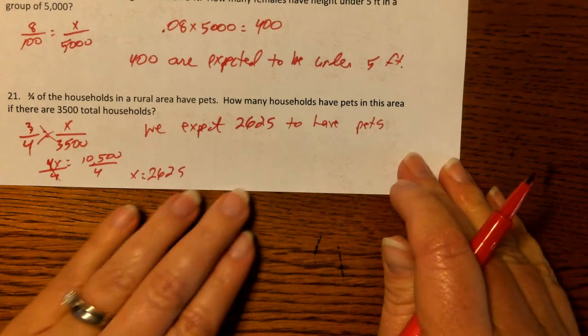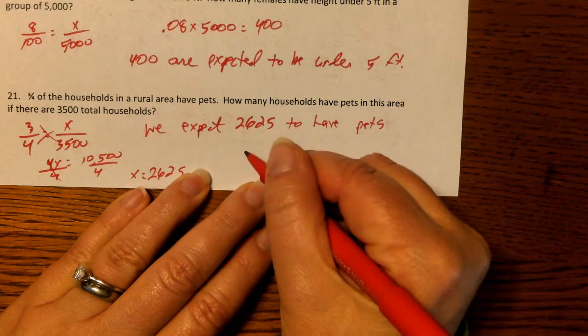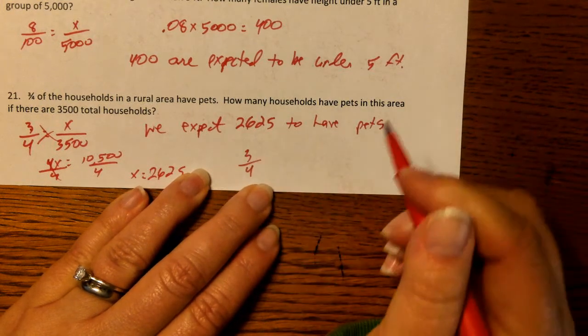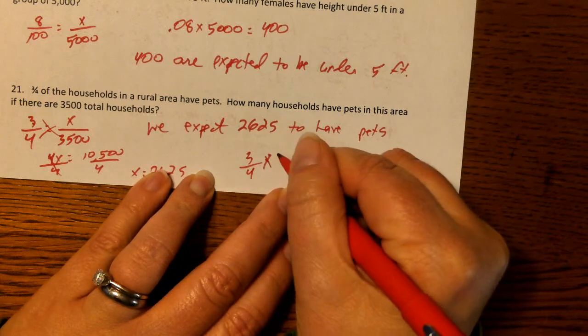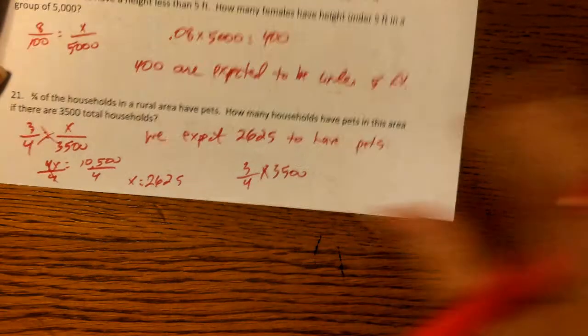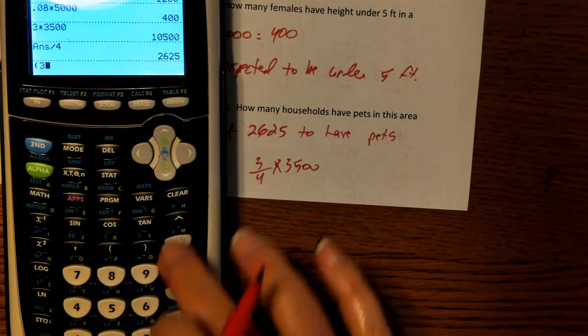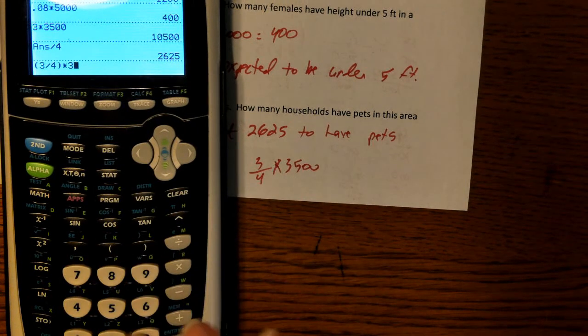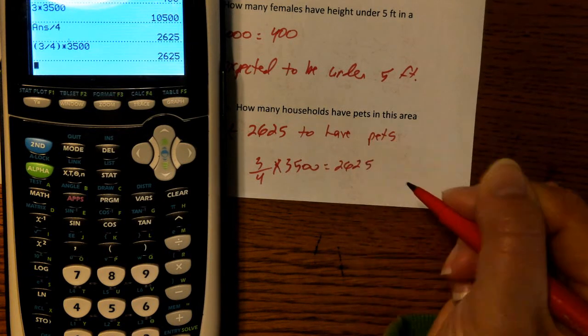Now, another option is to just take that fraction, because remember a fraction is the same as a percent, is the same as a decimal, okay, and multiply it by the total number. So 3/4, I'm going to put that in parentheses, 3/4 times 3,500, and I get that same 2,625.